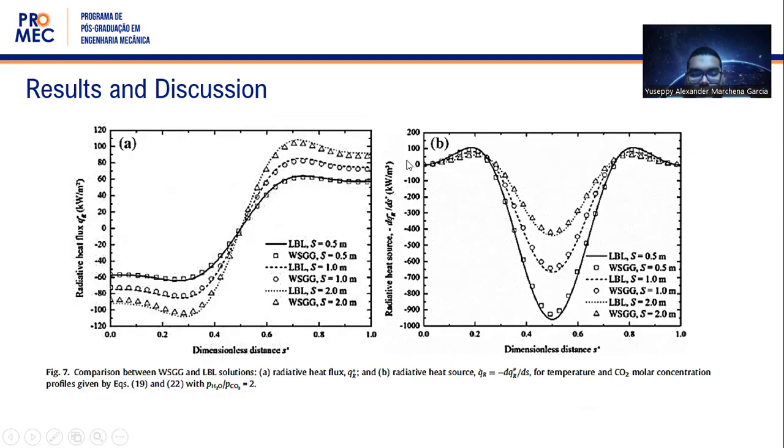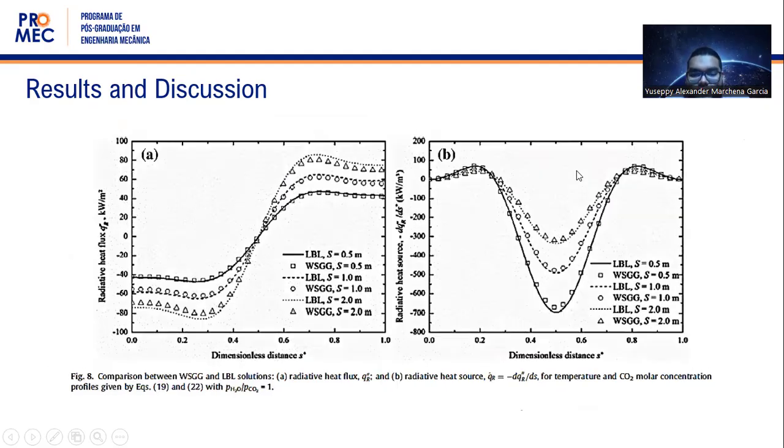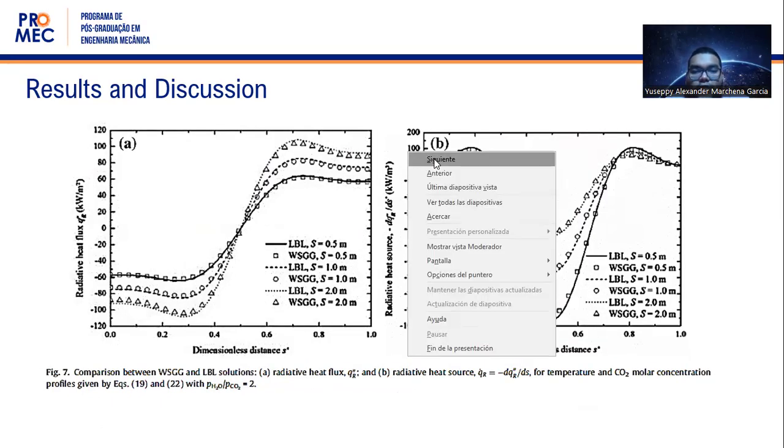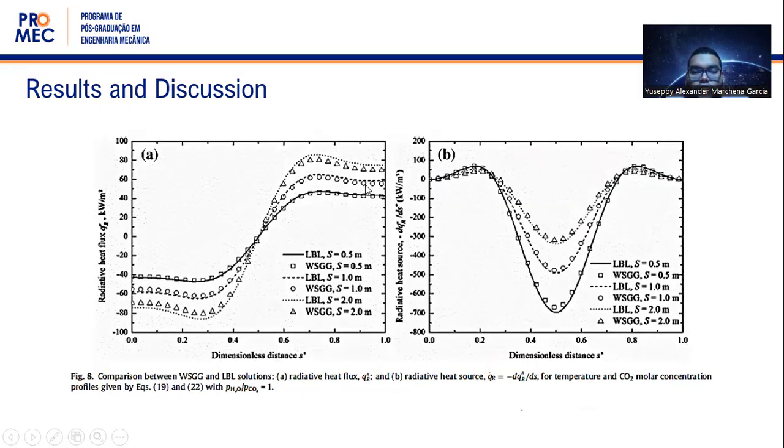For the same case, but with the ratio of concentration of water and carbon dioxide equal to 1, figures 8a and 8b show similar behaviors. We can see we have similar behaviors in both ratios of concentration: the ratio of water over carbon dioxide of 2 that we saw before, and the ratio of 1 that we are seeing here.